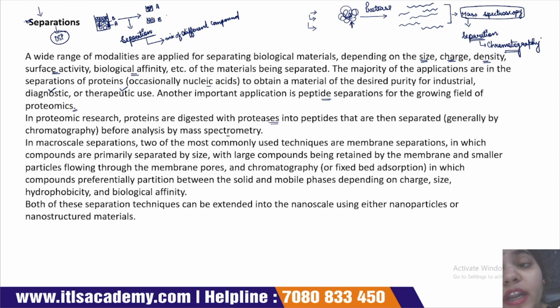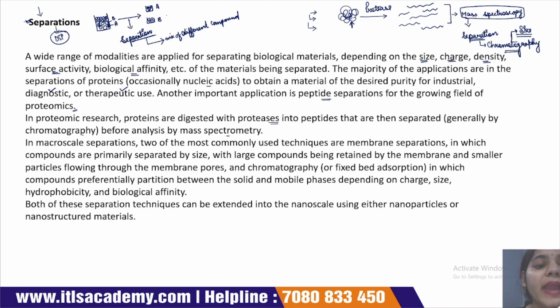There are different types of chromatography, but for the separation of protein, here we separate the protein on the basis of their size. That's why here we use size exclusion chromatography.